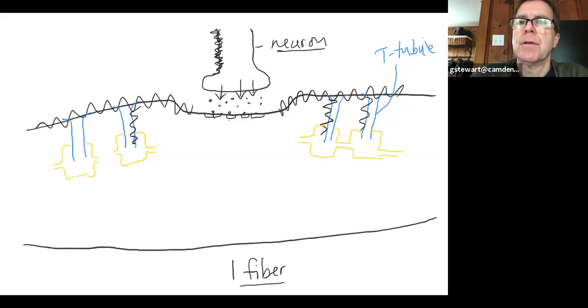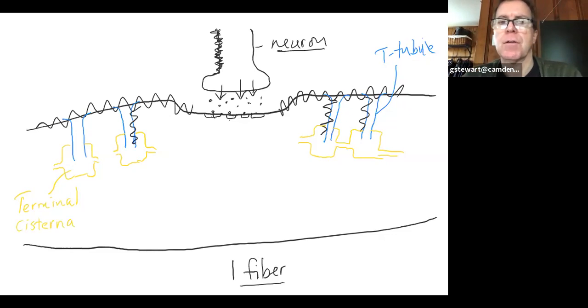So this is 1 terminal, sorry, that's supposed to be a C. This is 1 terminal cisterna. There's no E at the end if we are just talking about singular 1. Terminal cisterna is coupled with a T-tubule. So we have 2 terminal cisternae. There's one and there's another one.